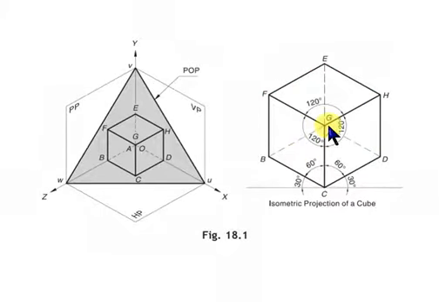The purpose of the scale is to reduce or enlarge. We need to go to the first chapter where we have the enlarged scale, the reduced scale, and the normal scale. Based on that parameter, the isometric scale is also in the picture. The proportion by which the isometric lines get foreshortened in an isometric projection is called the isometric scale.